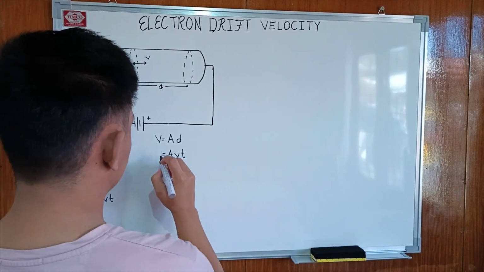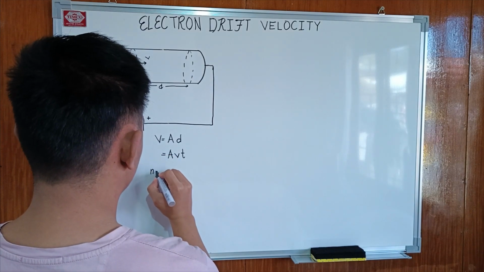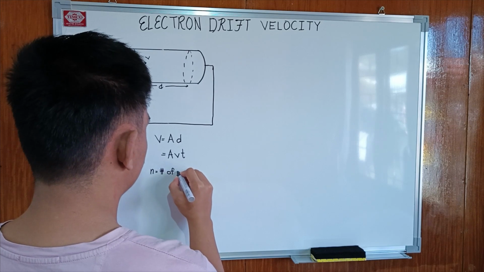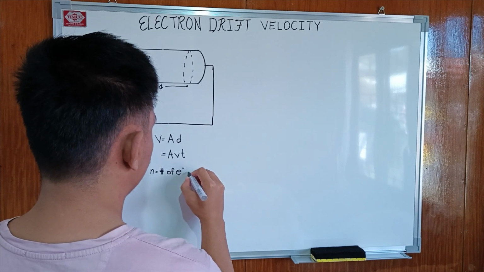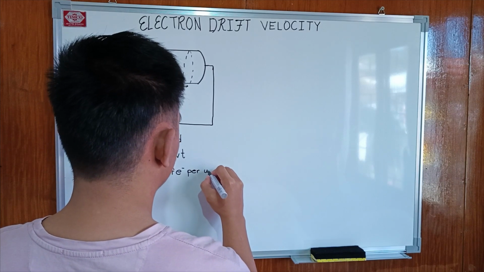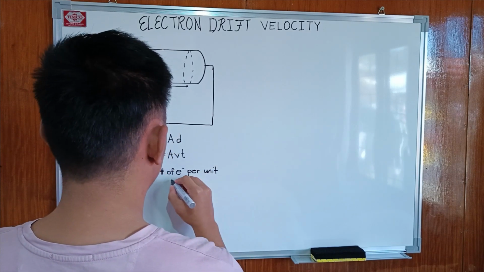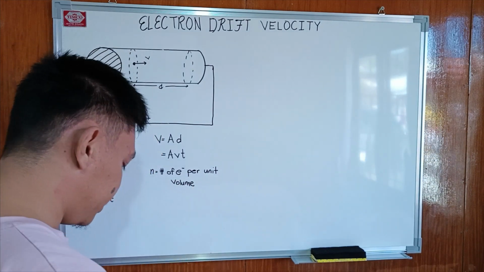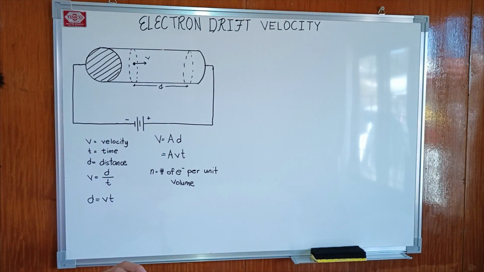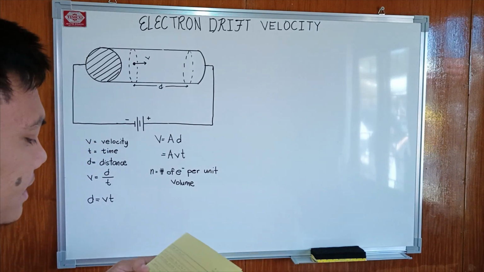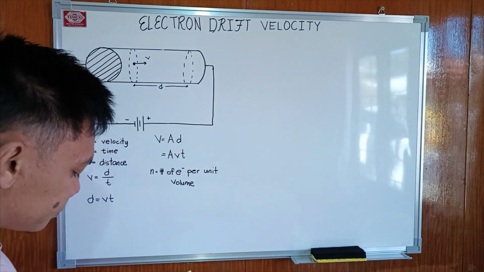So, N is the number of electrons per unit volume. Depende yun sa material na gagamitin natin.